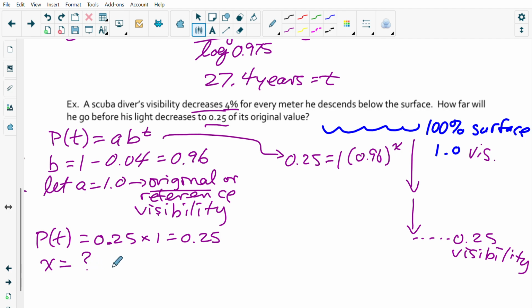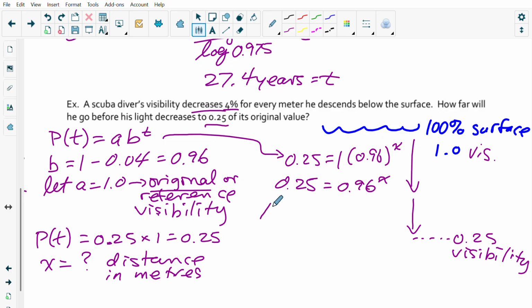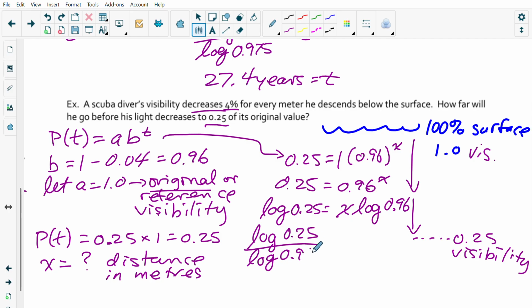We don't know what that is. This is the distance in meters. Okay, so let's solve this. That's 0.25 equals 0.96 to the x. We're going to need logs again. So I'm going to take the common log of 0.25. Other side, I'm going to bring the x down with a power law, and it's the common log of 0.96. Okay, and then log of 0.25 divided by log of 0.96 equals x.